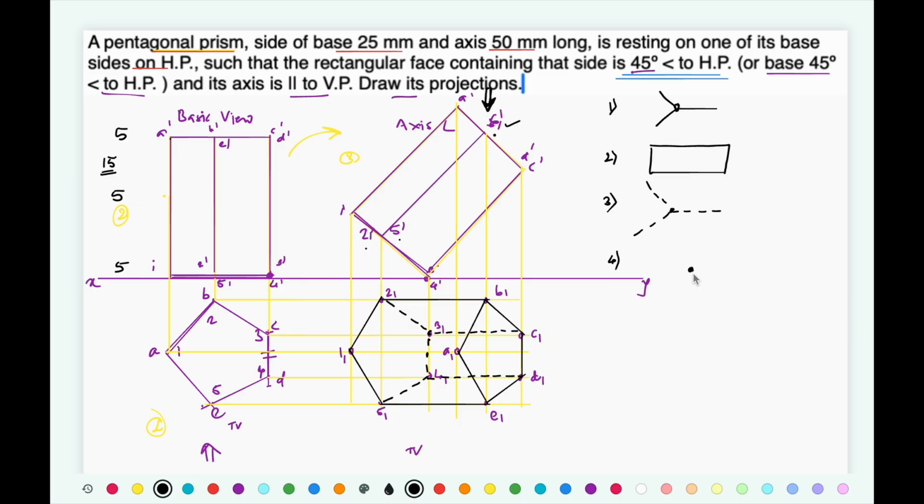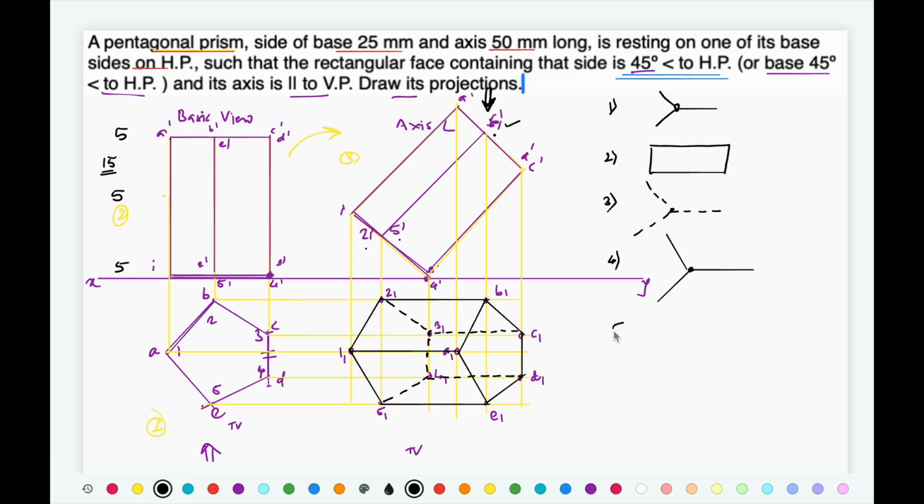So if there is an internal corner, and for that internal corner there are two existing visible lines, the third line starting from that corner is going to be visible. So if you look at the corner A, AB and AE are visible lines, so the third line starting from that corner is going to be a visible line.